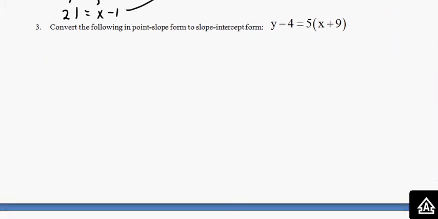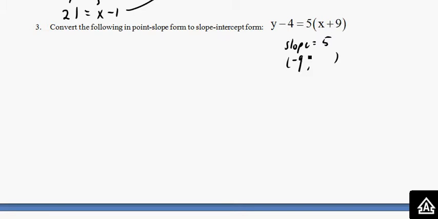3. Convert the following in point-slope form to slope-intercept form. So what we have here is an equation in point-slope form. And what we've seen is that we can see that the slope of the line is 5, and we can even find the coordinates of a point that must be on this line. The x-coordinate would have to be -9, since in point-slope form we have x minus this number.